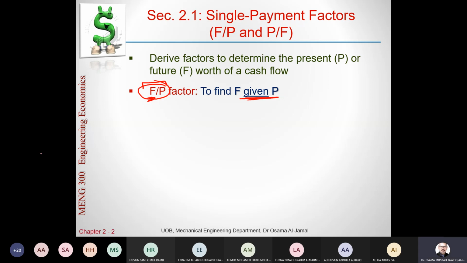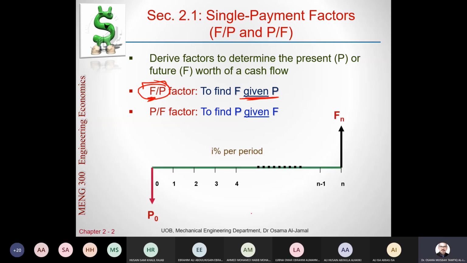We can also find the other thing, which is the P. Find the P given what? The future value. And we saw the cash flow diagram for it, CFD. If we have the P naught, we can calculate the FN. Later on, we don't have to show this. Now we are seeing it just to tell you that this is at time 0.